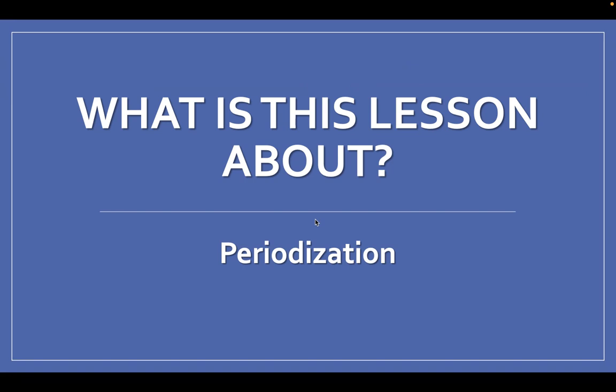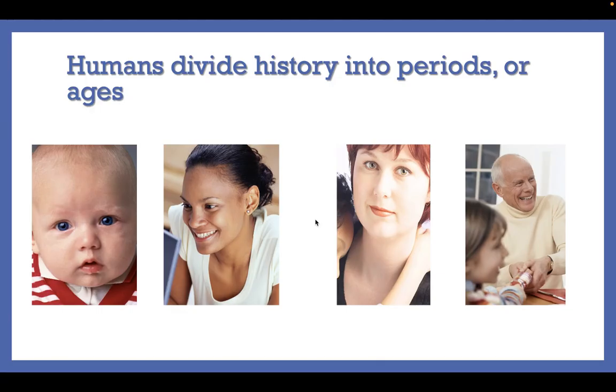So, what is this lesson about? This is your introduction, and it's about a skill known as periodization. Now, we have not introduced this, but we know this. When we look at history, could be the history of you, the history of me, the history of Denmark High School, or the history of the world, we divide that history into periods or ages.